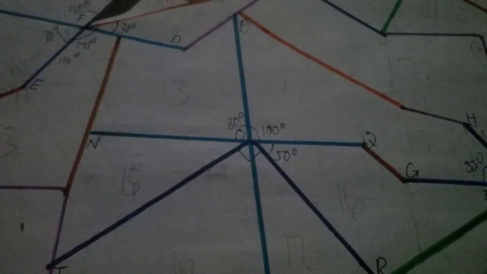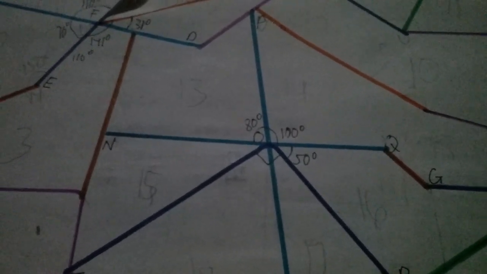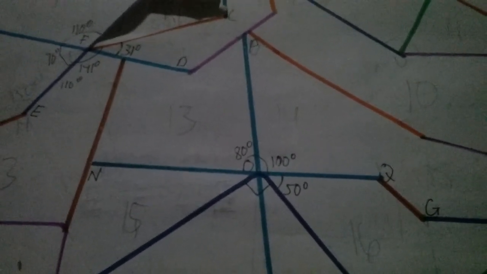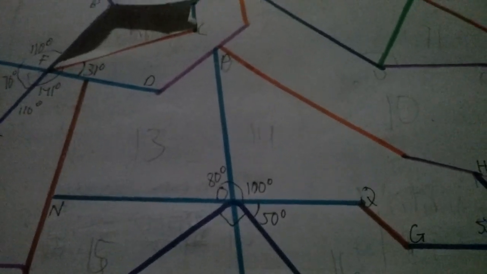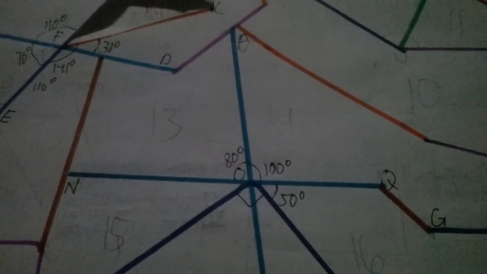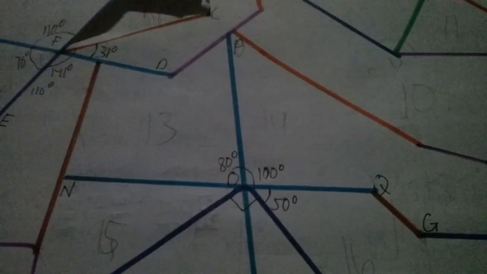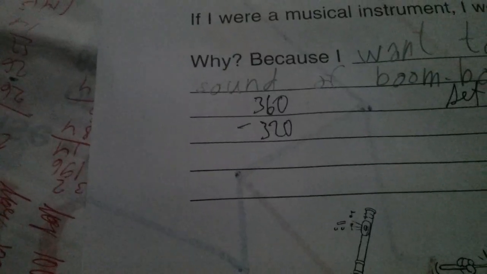Yup, you guessed it. We need to add all of the givens that we have and then subtract that from 360. Why do we have to do that? Because remember, 360 is the degree needed to make the full rotation. So let's add this up all together and see what we get.